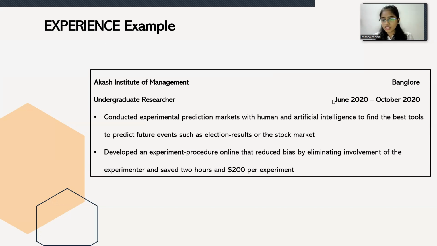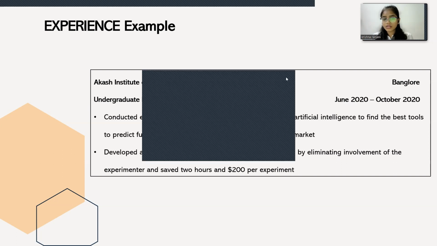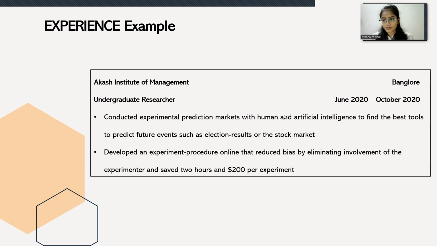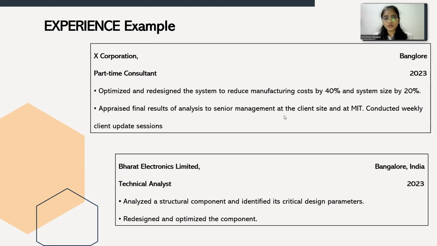In that case, you can mention the months, June to October, right? What you have done: conducted experimental predictions, markets with human and artificial intelligence. The technological stack is there, and what you have done to predict future events. Who are the beneficiaries, right? As I told, how many experiments have been done, numbers and everything has been given. And I will give you another example.